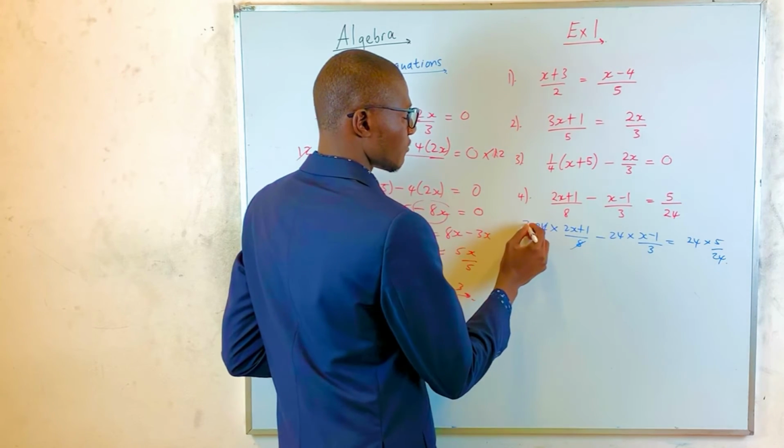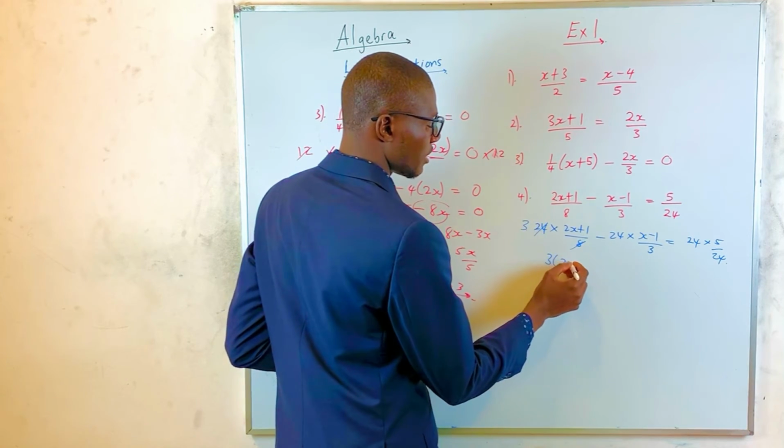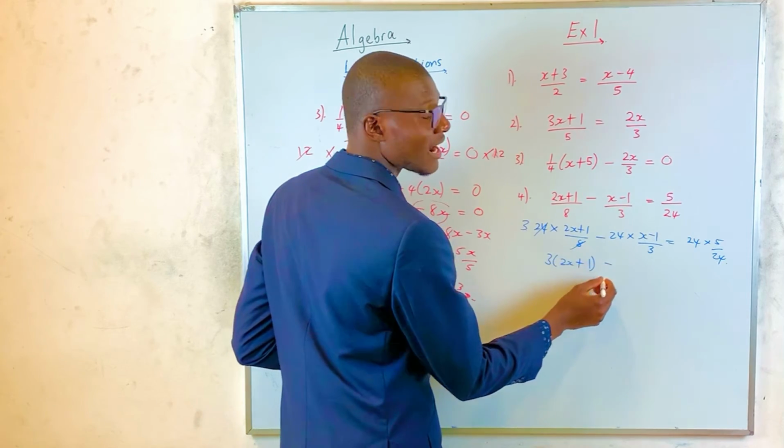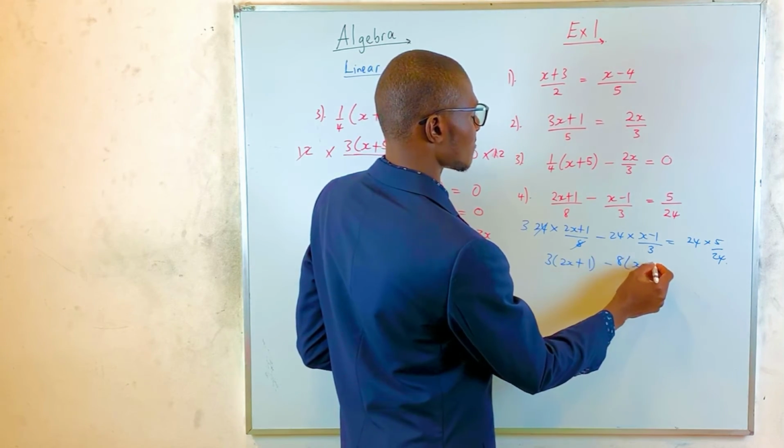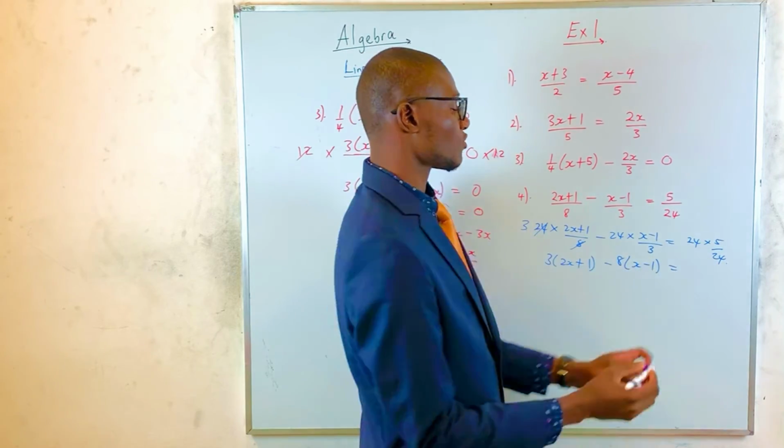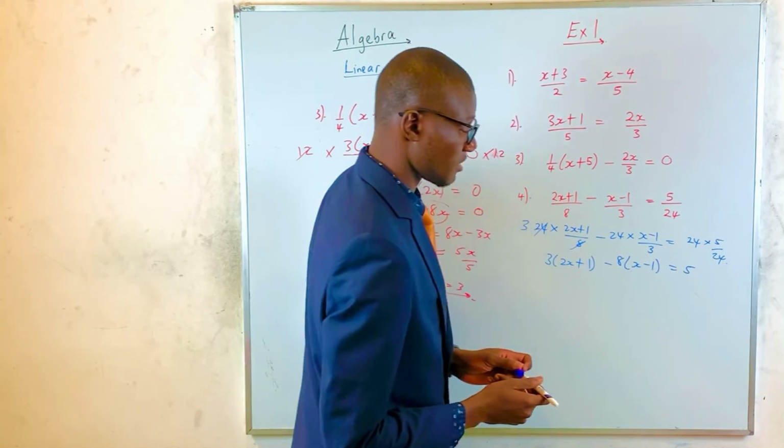So 8 into 24 we get a 3, so we now have 3(2x + 1) minus, 3 into 24 we get an 8, times (x - 1), and 24 into 24 we get a 1, so that will simply be equal to 5.